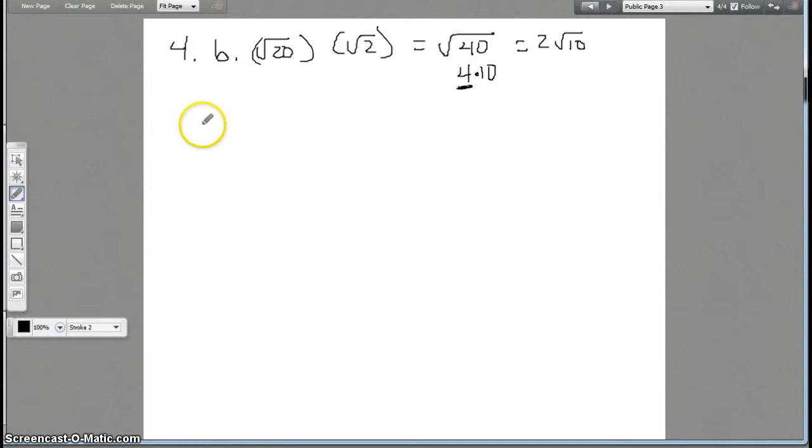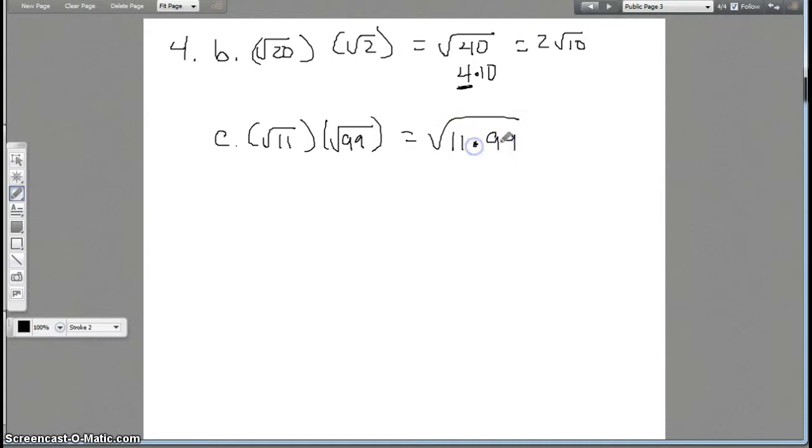Now let's look at part C. Part C is the square root of 11 times the square root of 99. Well, everything is under a square root. That means that we can multiply everything together. So we have 11 times 99. And if you look at the 99, there is actually a square factor in there. We could write 99 as 9 times 11. And we know that we have this 11 up here at the beginning.